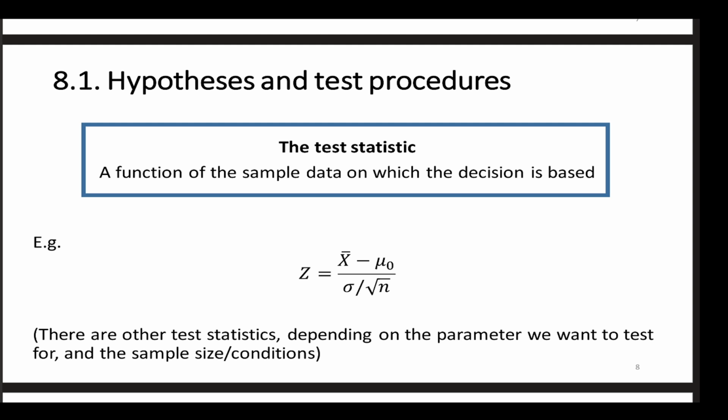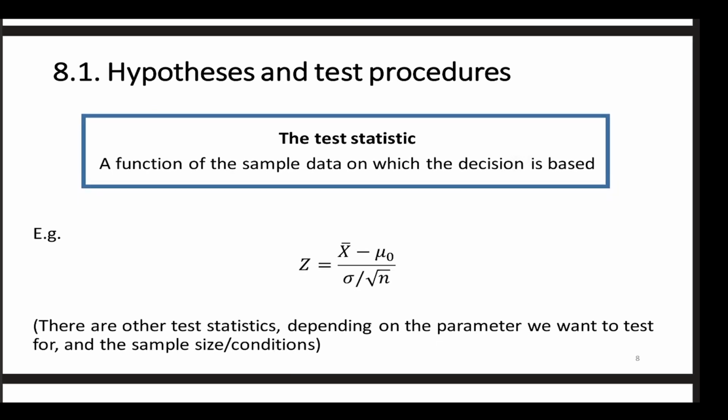Now, this thing that we calculated is called a test statistic. So for different tests, whether we're testing the mean or population proportion or whatever, we get a different thing called a test statistic each time. So this test statistic for population mean is always something that we calculate in this process.